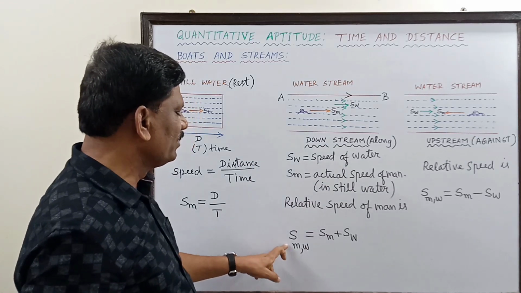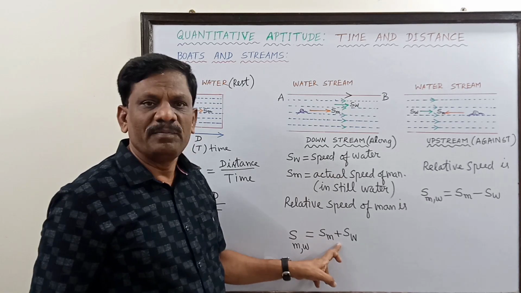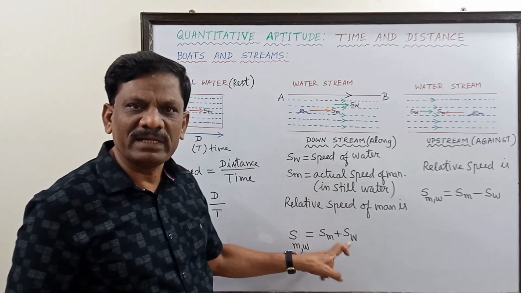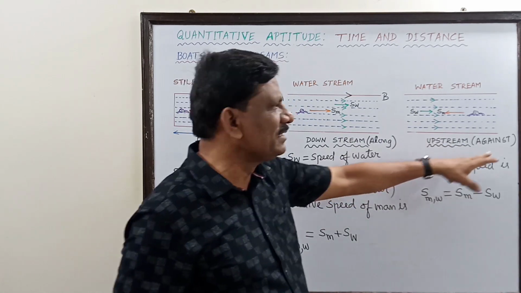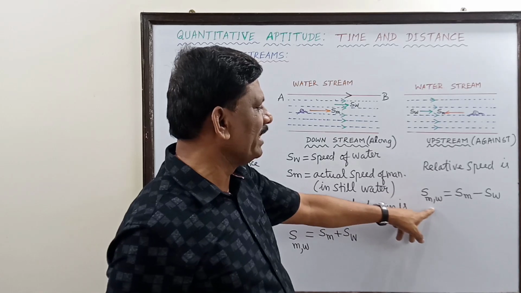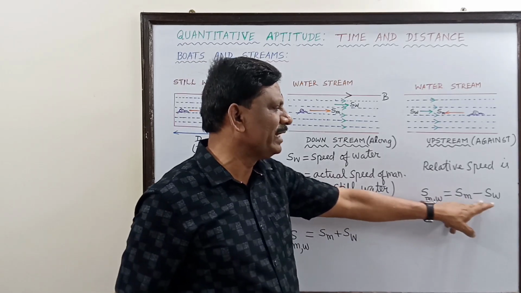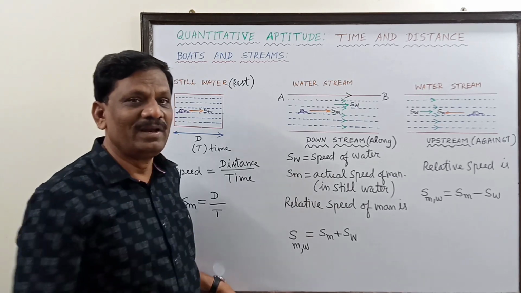In this case, the relative speed of the man is equal to the actual speed of the man plus the speed of water. And in the third case, upstream, against the direction of flow of water, the relative speed of the man is equal to what? The actual speed of the man minus the speed of water. I hope you must have understood well. Fine.